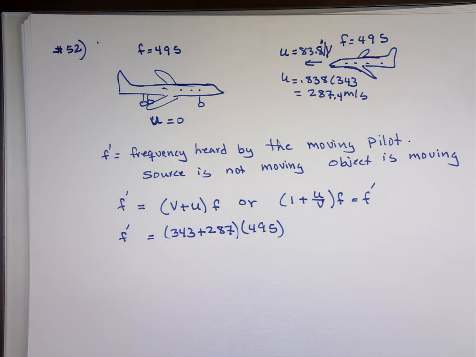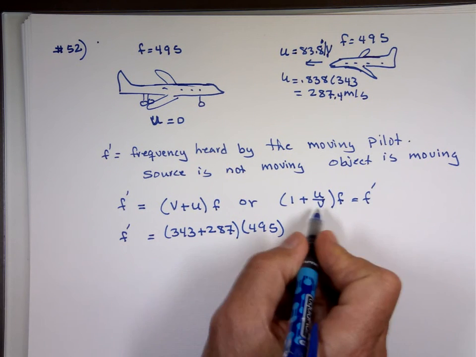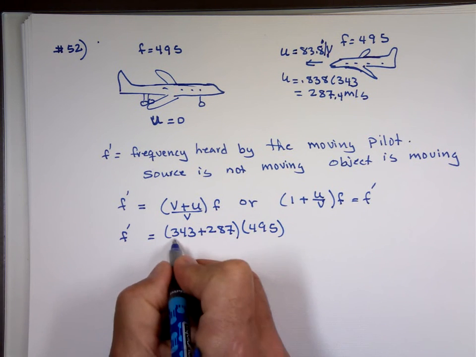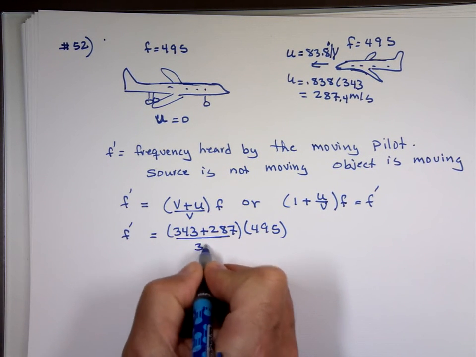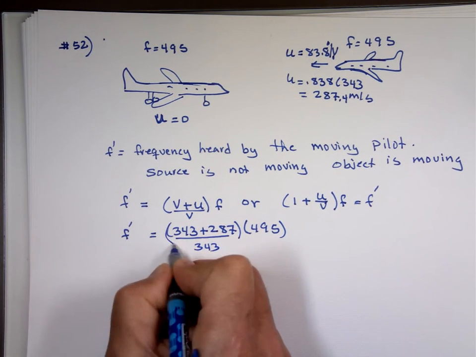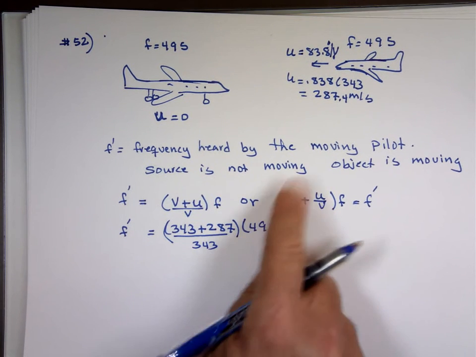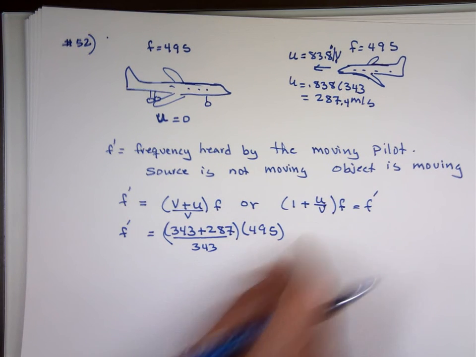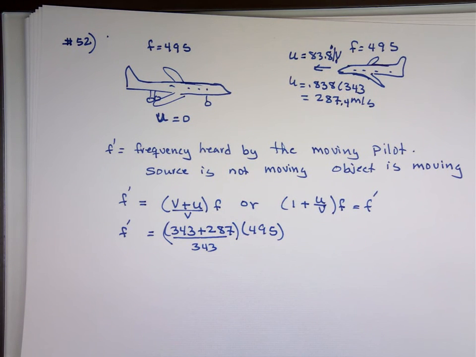Mathematically, it's v plus u over v, since v over v is one. Divide that by 343, which is 1.8, times the 495. So the frequency is about 909 hertz.